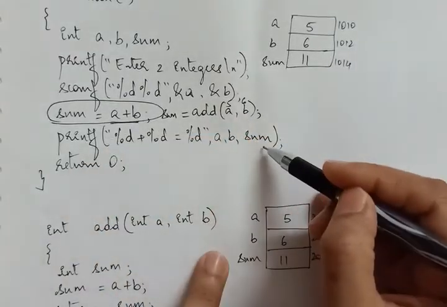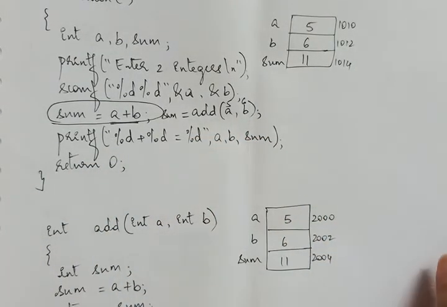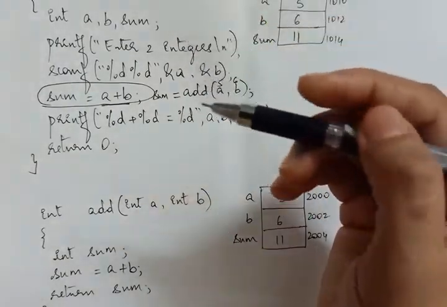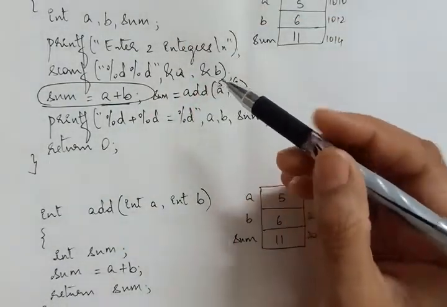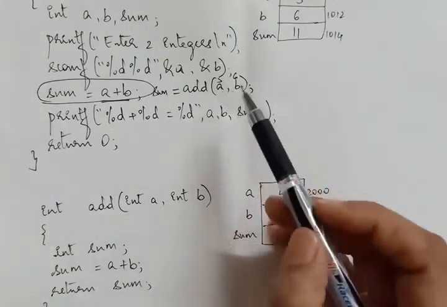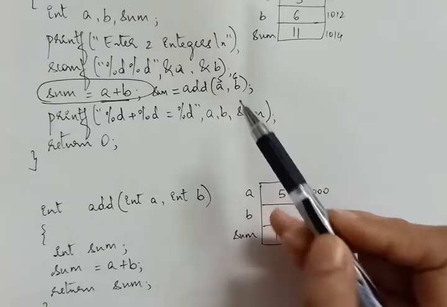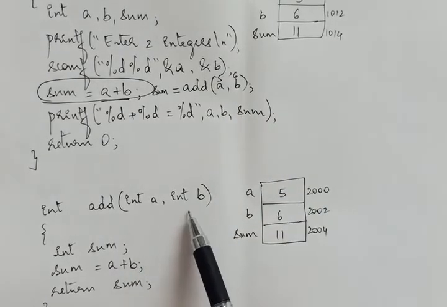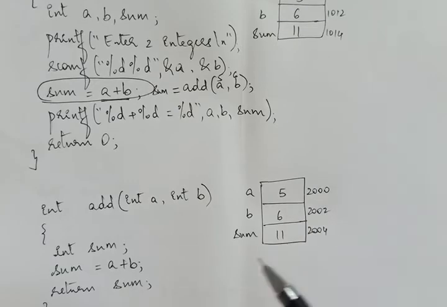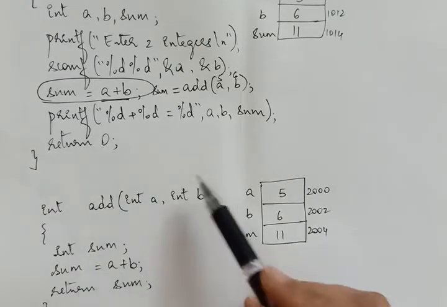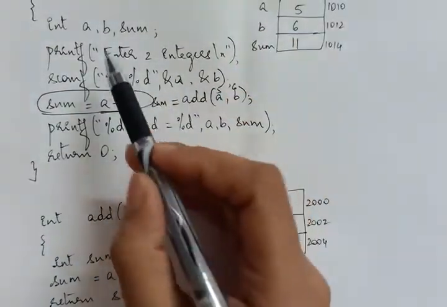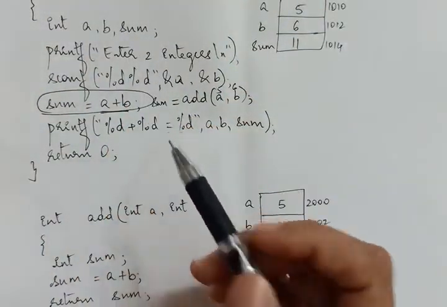Next you are using it. So in this particular example, what are we trying to do? From the main function, you read the input and pass it to the function. When you are passing, what is happening? The actual parameter values are copied to formal parameters, which is stored here, copied here. Why is that? Because this a, b and sum are local to the add function and this a, b, sum are local to the main function.